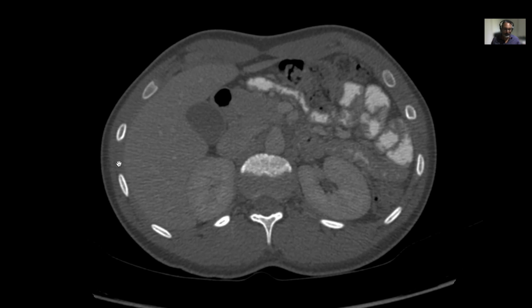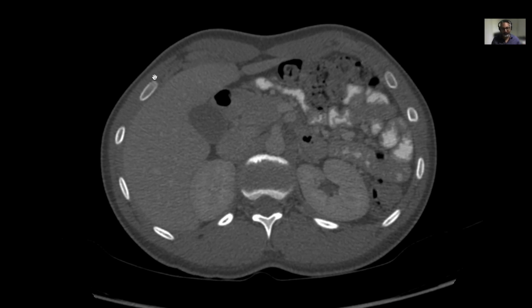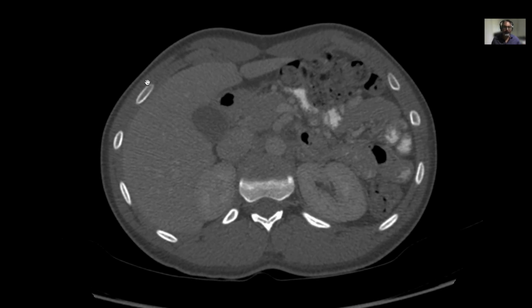As you may remember, there's the external intercostal muscles, internal intercostal muscles, and innermost intercostal muscles that then continue on to become the external oblique, internal oblique, and transversus abdominis muscles.